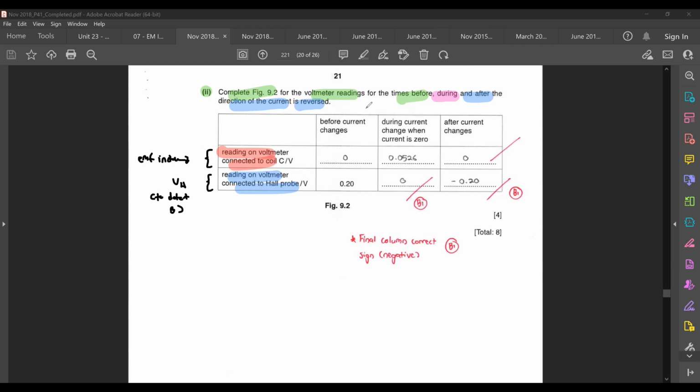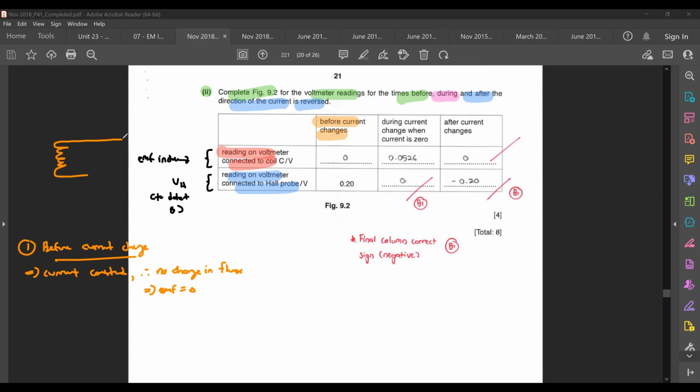Right, so let's go through this column by column. Before current change, what can I say? Before current change, current was constant. Therefore, you have no change in flux. Your EMF would be 0 because the diagram that was given to you was this one.